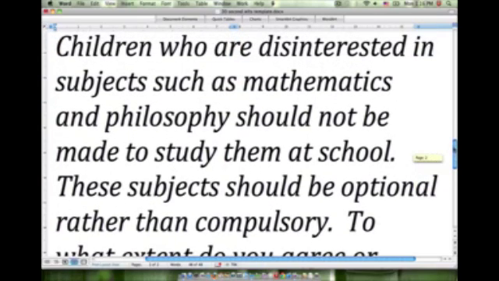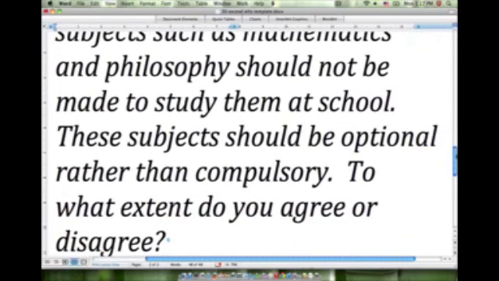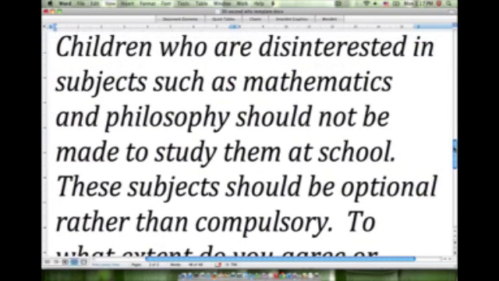I'll let you read the question to yourself. Okay, let's discuss the question. The opening part here is pretty straightforward.